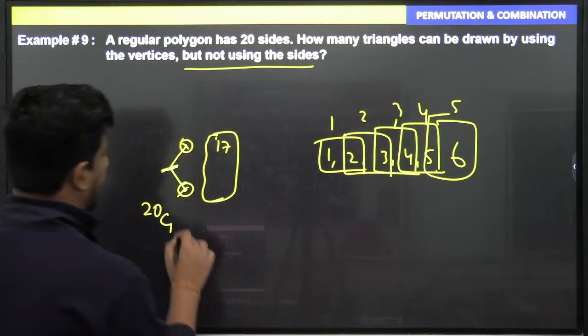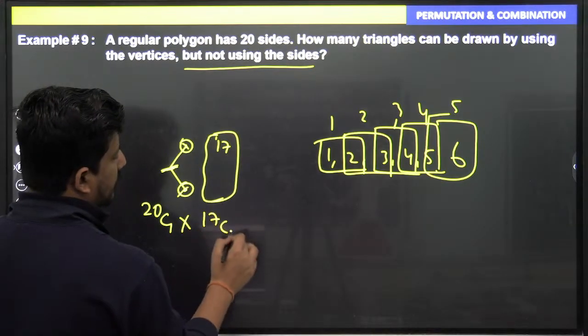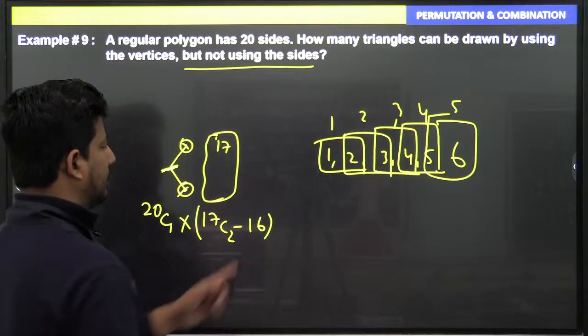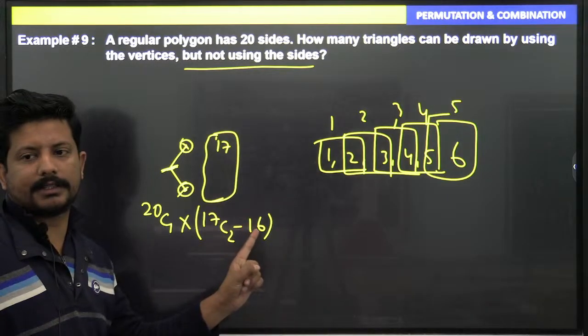But we need to select what? 17C2, any 2, minus 16. This 16, why am I minusing here?